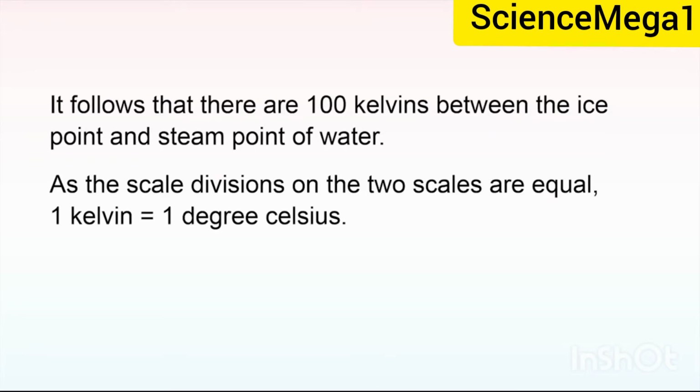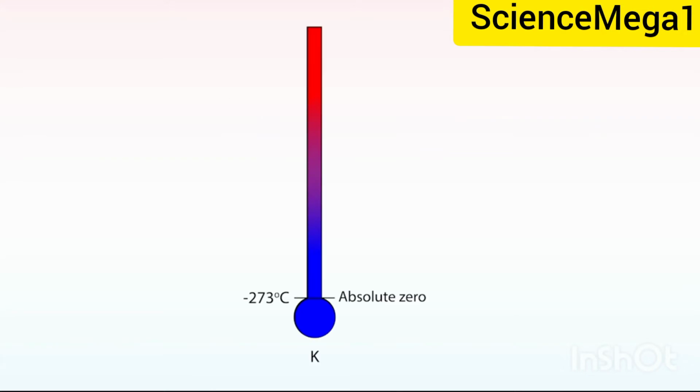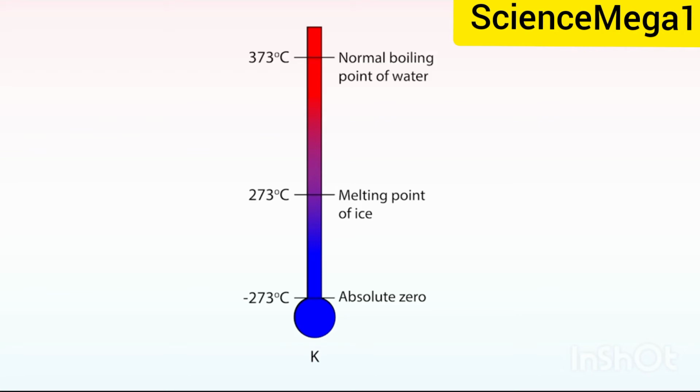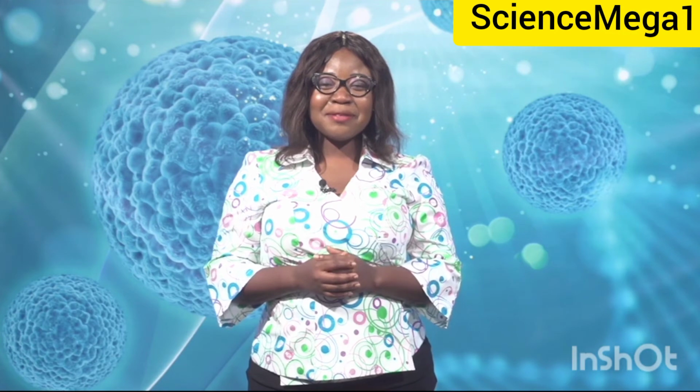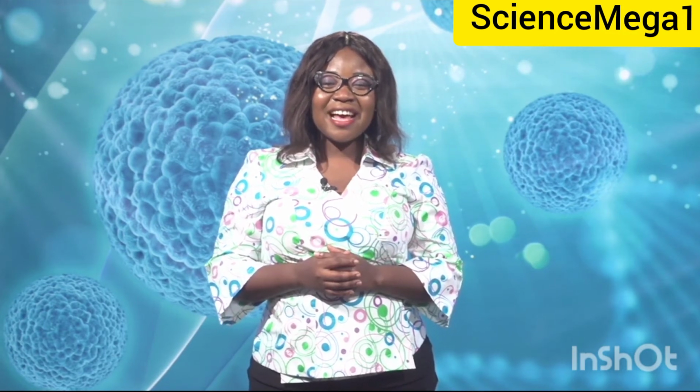As the scale divisions on the two scales are equal, 1 kelvin is equal to 1 degree Celsius. On this scale, the melting point of ice is 273 kelvins and the normal boiling point of water is 373 kelvins. As far as scientists know, nothing in the universe can get to 0 kelvin. So please take note of that.